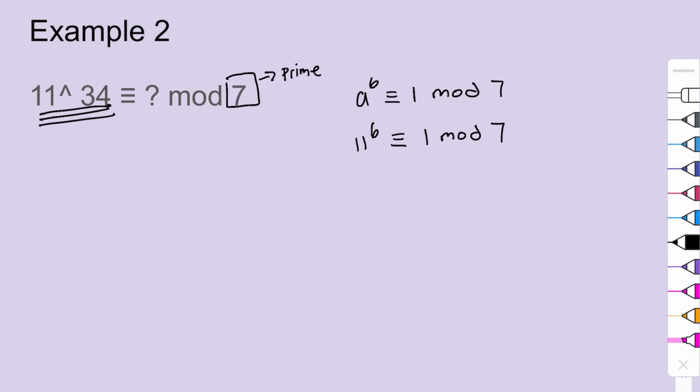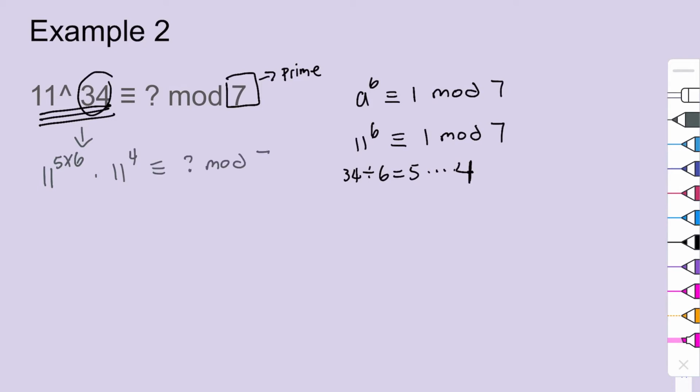First, let's divide 34 by 6, and we would have 5 with a remainder of 4. So we can rewrite 11 to the 34th as 11 to the 5 times 6 power times 11 to the 4, which is equal to what number in mod 7.